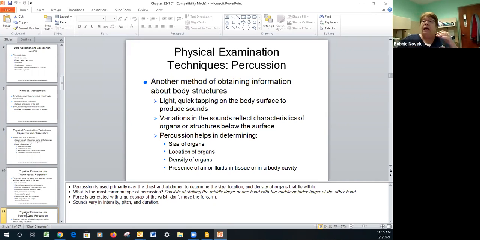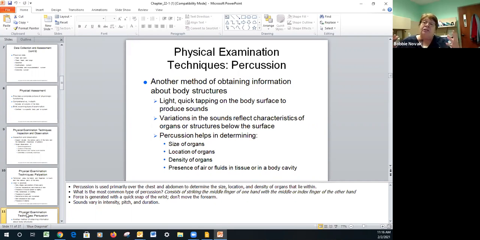So you should not be hearing a dull thud more than maybe a finger width below your ribs. That's your liver. If the liver is really big, you're going to have a dull thud in an extensive area in the upper abdomen. So density of the organs, size of the organs, and we're looking for air or fluid in body tissues. If you percuss on the lungs on the back, you should always hear a drummy sound because your lungs are full of air, right?